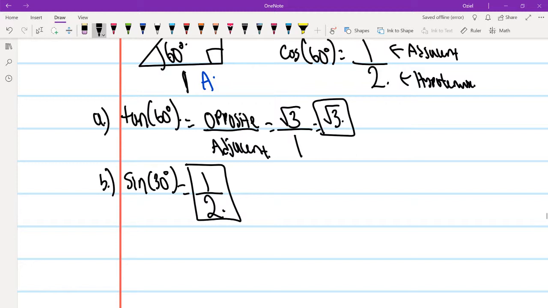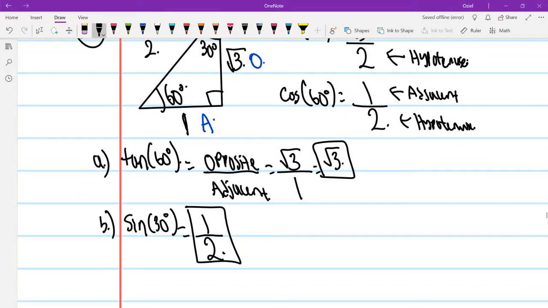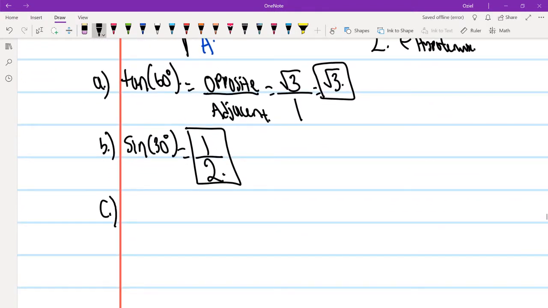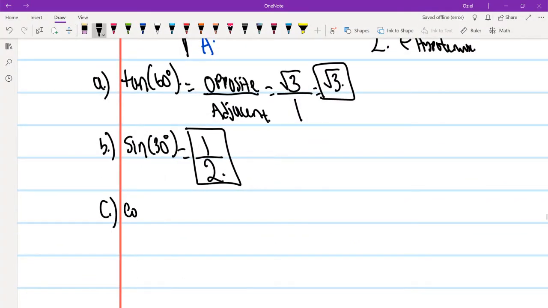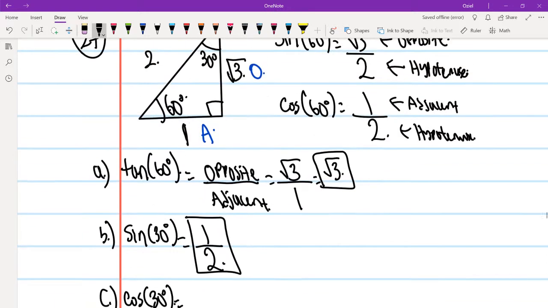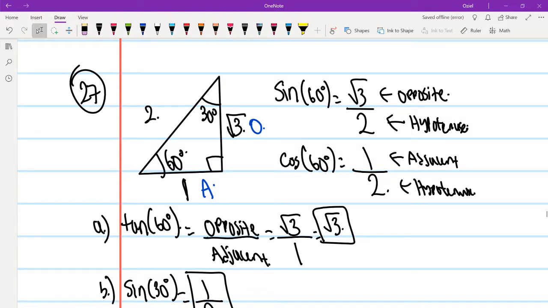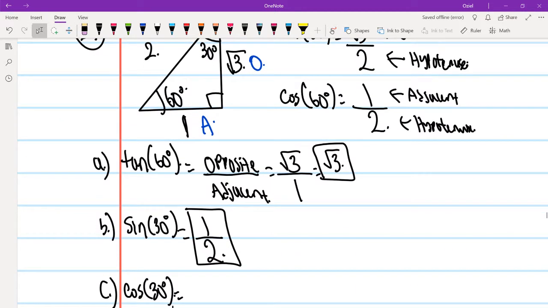And then part C is asking what's cosine of 30 degrees? Well, cosine of 30 degrees, if you look at your triangle again, you would do adjacent over hypotenuse.